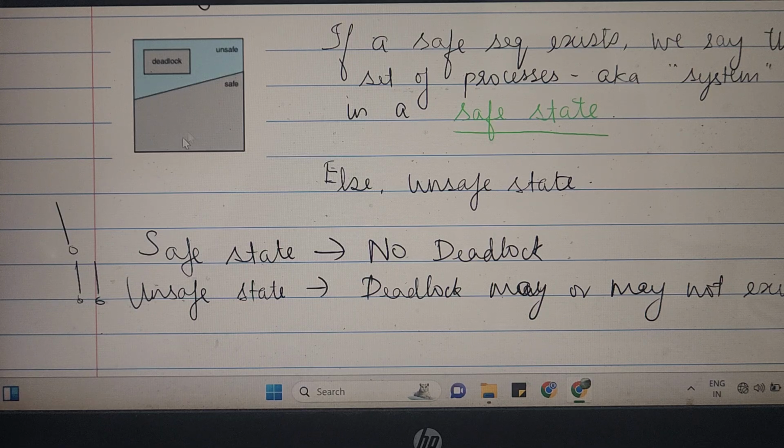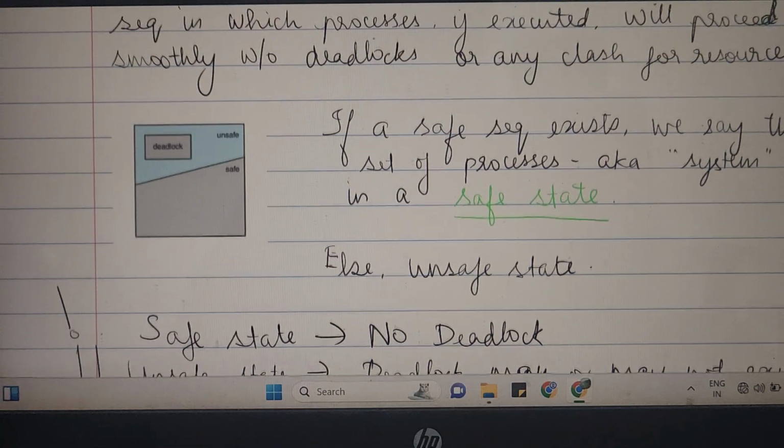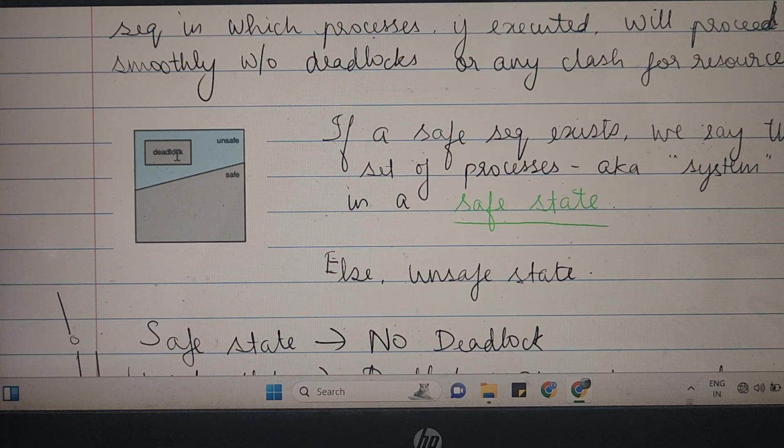If you look at this figure, safe state, there's no problem. Unsafe state, a subset of that is deadlock. So there are a number of systems which are in an unsafe state because you cannot find a safe sequence, but not all of them will lead to a deadlock. It is like, if you remember in your RAG, we said if there is only one instance of every resource type, then a cycle implies deadlock.